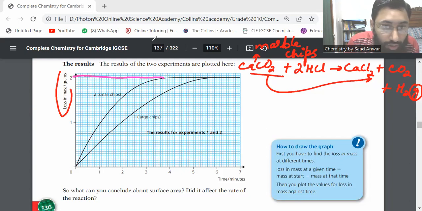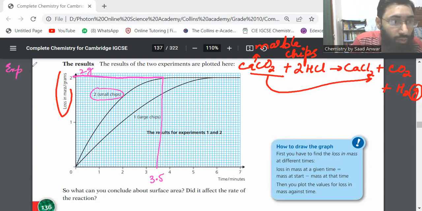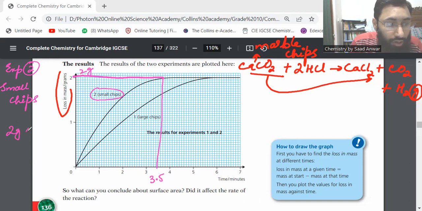2 gram loss, and the time taken for this 2 gram loss, you can say 3.5 minutes. So in experiment 2, where we are using small chips, 2 gram loss, time taken 3.5 minutes.